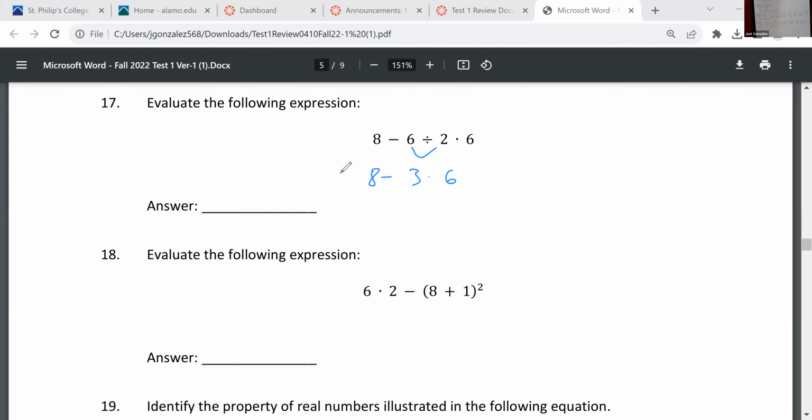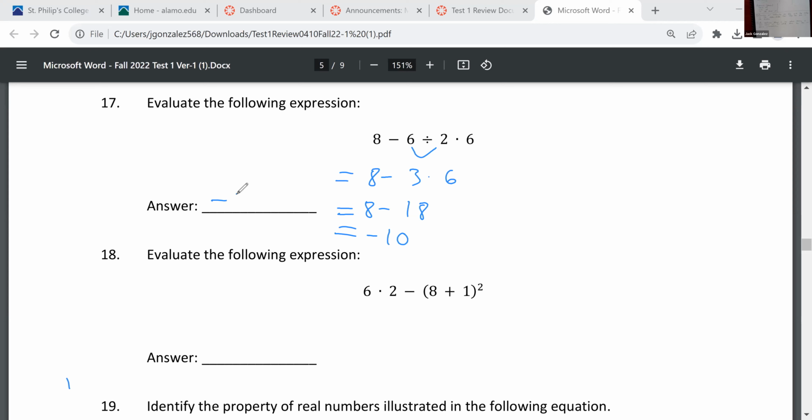Now left to right again. The highest priority I see is multiplication. Negative 3 times 6 is 18. Now there's only one operation left. Then negative 10.